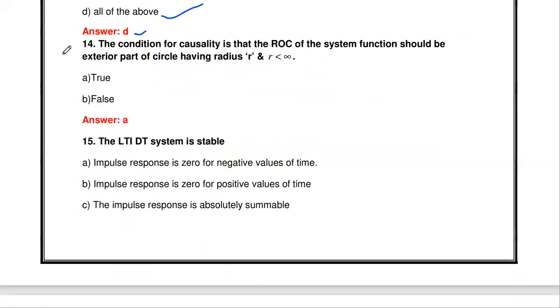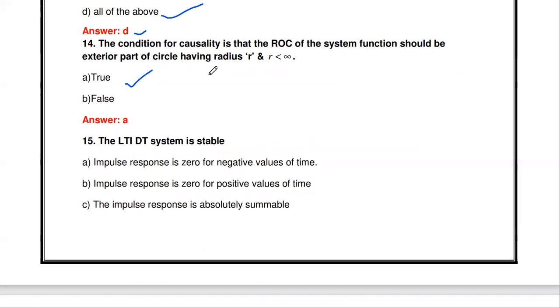The next one: the condition for causality is that the ROC of the system function should be the exterior part of the circle having radius r, and r should be less than infinity. Is this true or not? Yes.